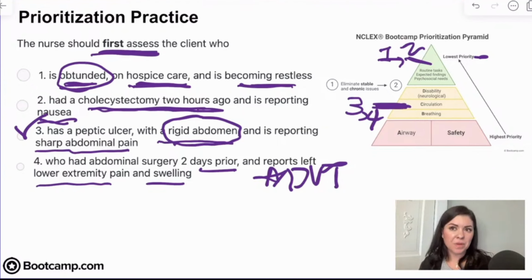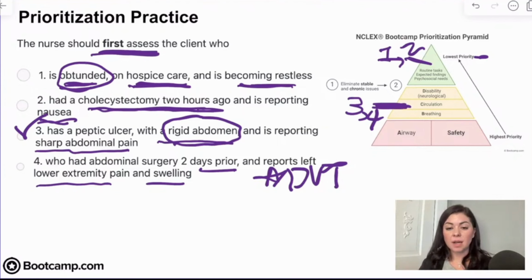What do you guys think would be going on then? If we had a client that has lower extremity pain and swelling, and then all of a sudden they're having dyspnea and anxiety, what might be going on? PE, very good guys. And so we know PE is a breathing issue. And so in that case, that would be our highest priority.